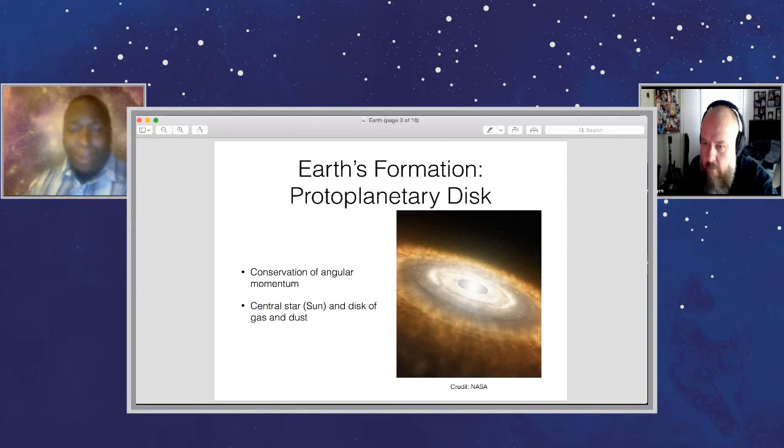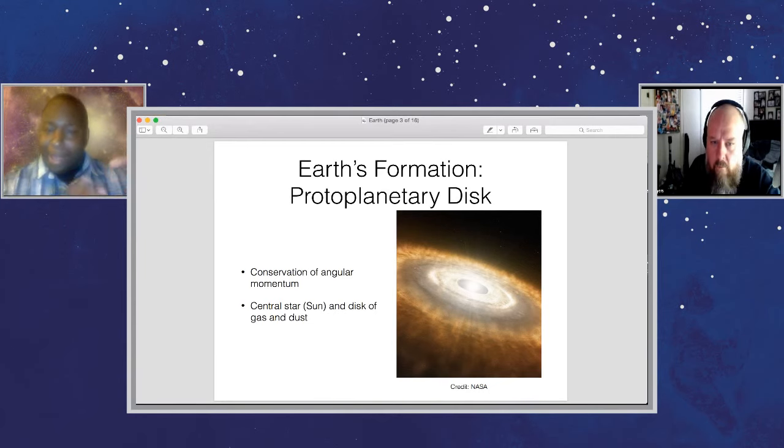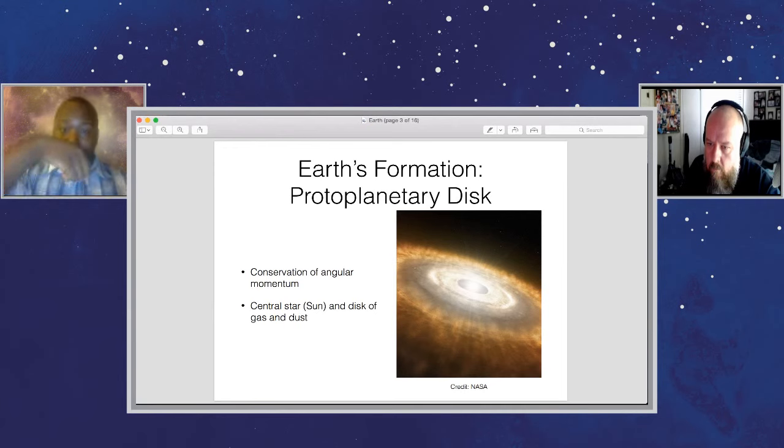So, with that particular clump of 1 parsec radius of gas and dust, it began to collapse more and more. However, as it began to collapse, it began to also spin up faster and faster. And because it's spinning up faster and faster, its outer portions begin to flatten as well.